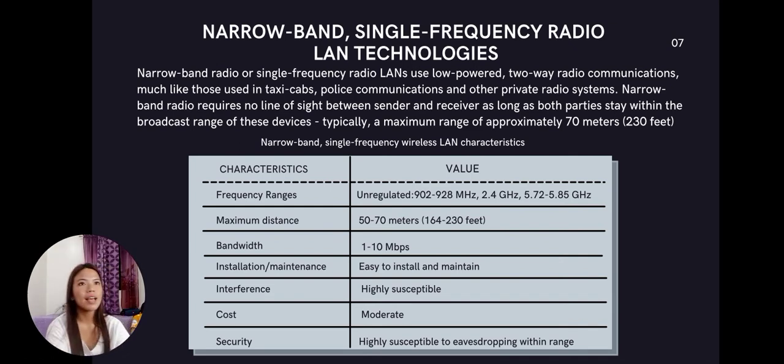Its value is regulated: 902 to 928 megahertz, 2.4 gigahertz, and 5.72 to 5.85 gigahertz. The maximum distance is 50 to 70 meters or 164 to 230 feet. The bandwidth is 1 to 10 Mbps.